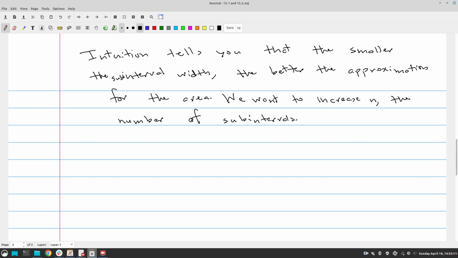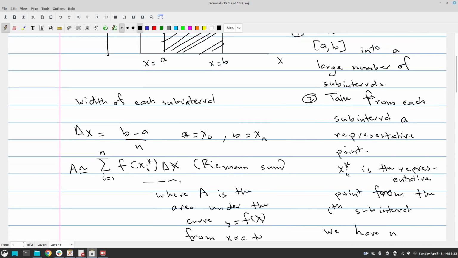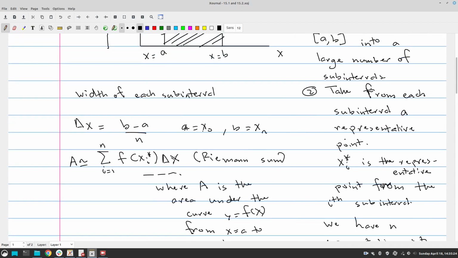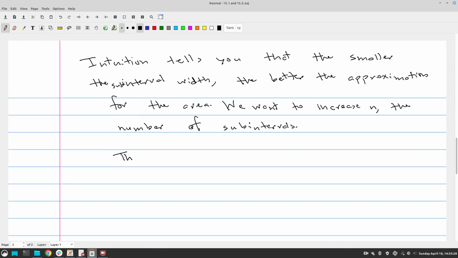If I increase the number of subintervals, then delta x, which is given by (b minus a) over n, becomes small. Increasing the number of subintervals is going to make delta x small.